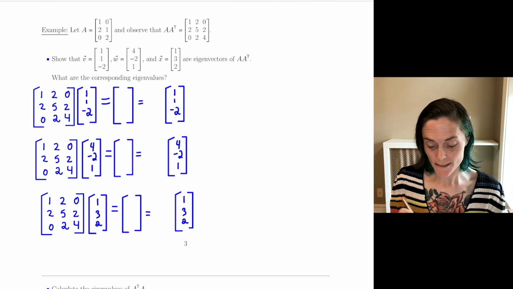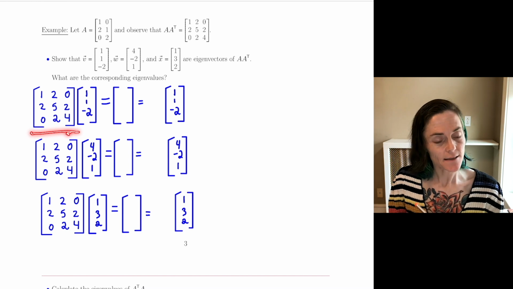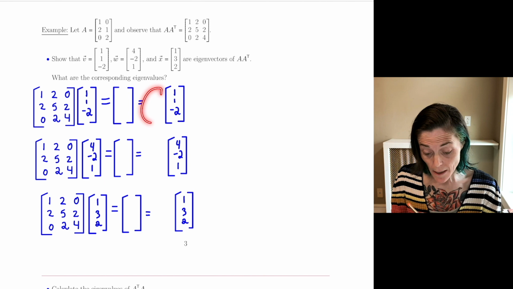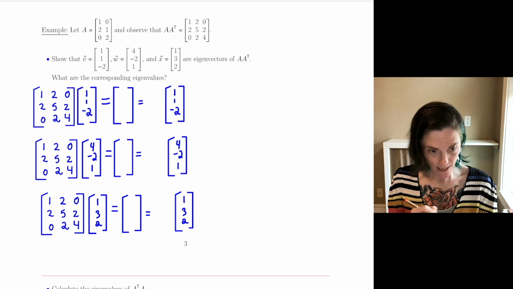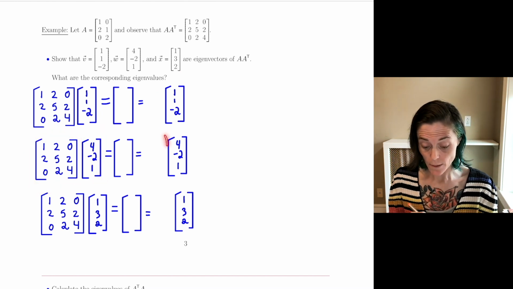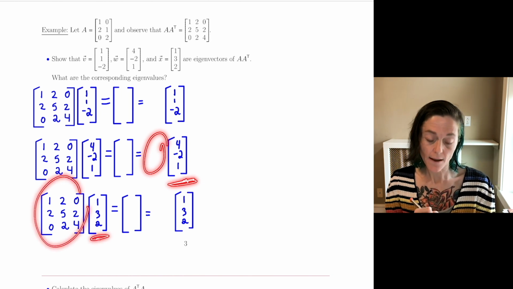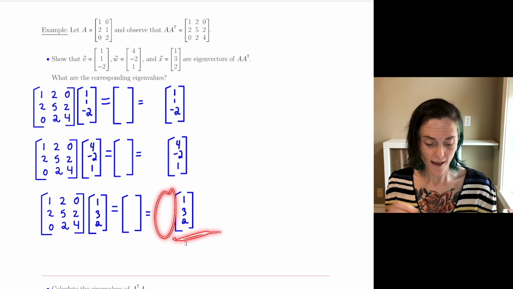Well, to show this, I need to calculate this matrix times this vector V, and it should be some multiple of V. That's what it means to be an eigenvector. And then we can calculate this matrix times W, which should be a multiple of W. And finally, take this matrix times X, and it should be a multiple of X.